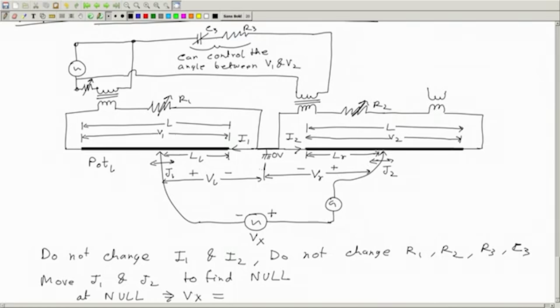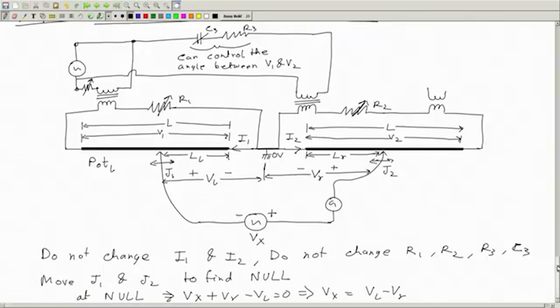We can write once again the KVL: Vx plus Vr minus Vl is 0, implying Vx is equal to Vl minus Vr, and now Vl and Vr can be found from these two lengths. Okay. So, that is the entire process.